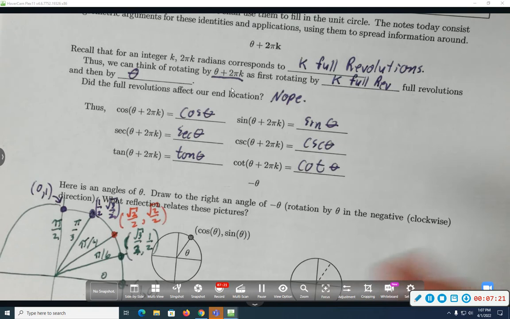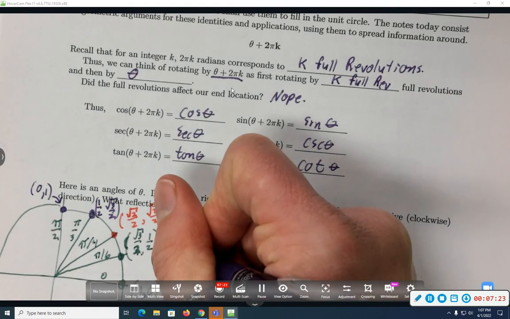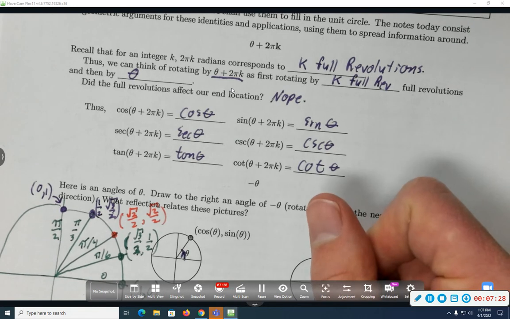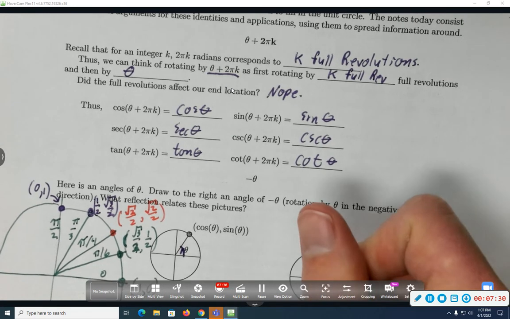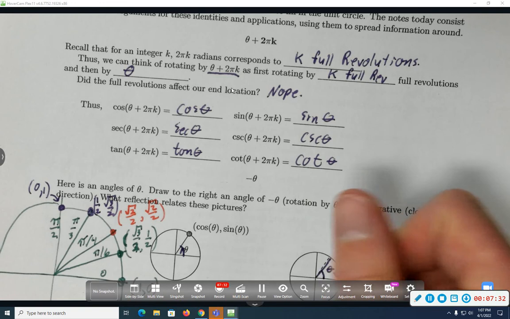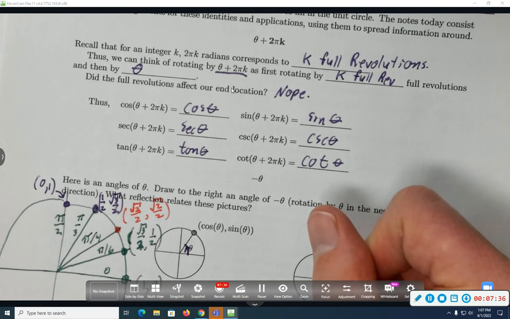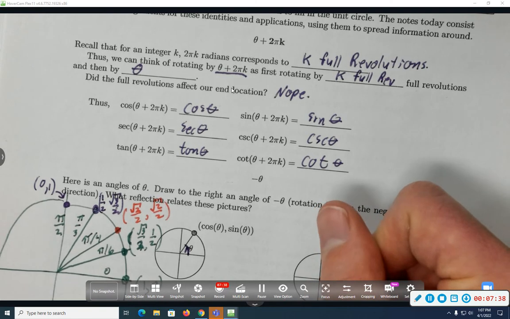So there's a circle. Here's the result of rotating forward by an angle of theta. So I'll have that here in purple as well. And here's what happens if you rotate backwards by theta.